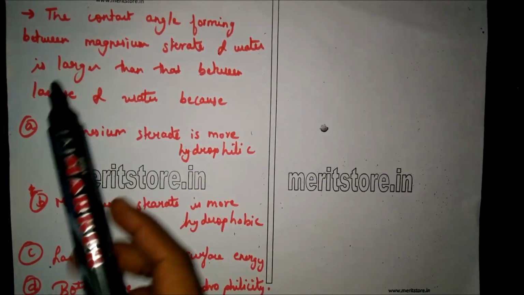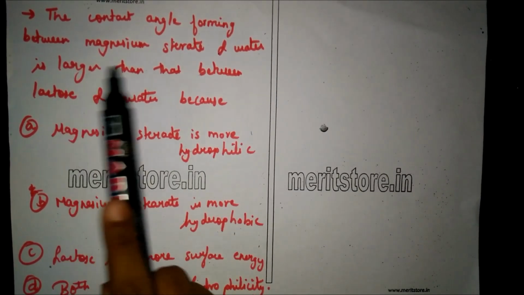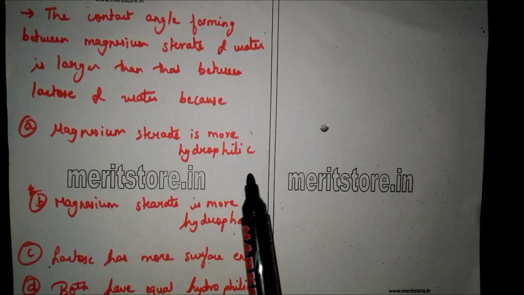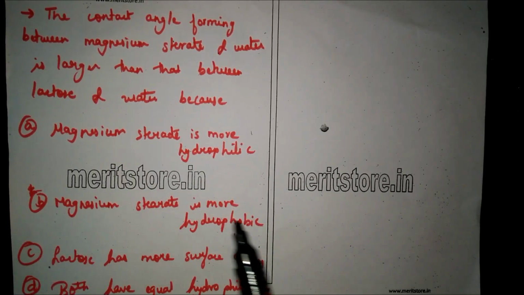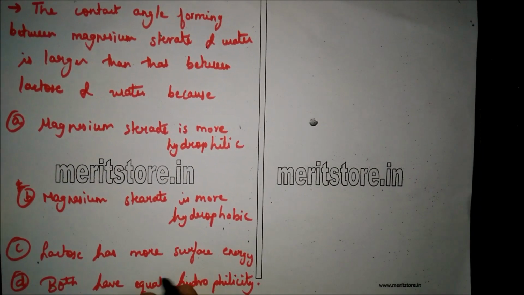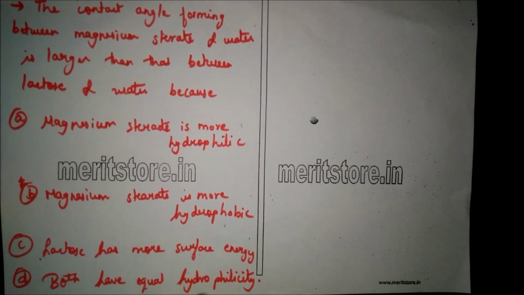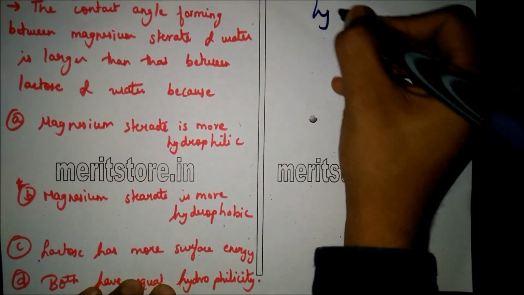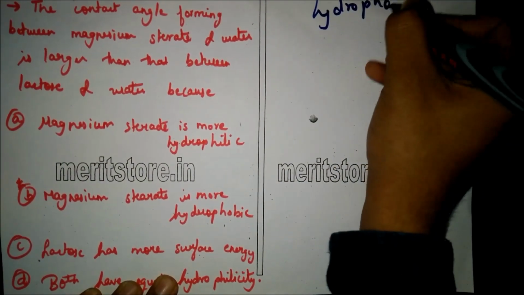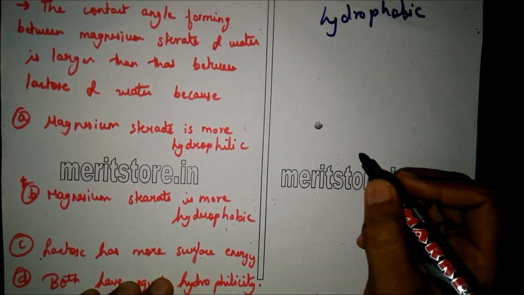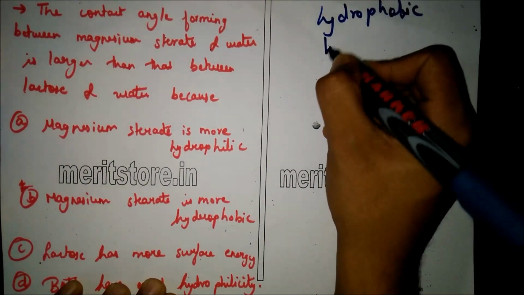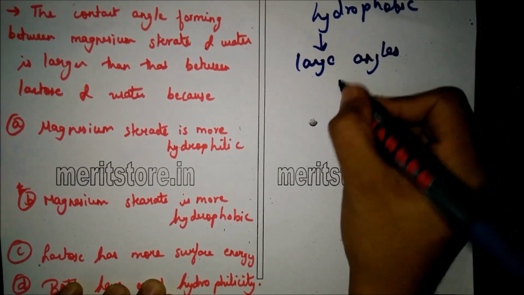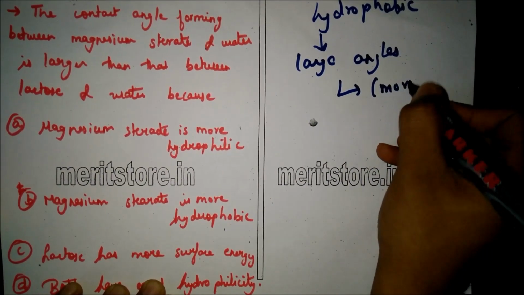The contact angle formed between magnesium stearate and water is larger than that between lactose and water because: A, magnesium stearate is more hydrophilic; B, magnesium stearate is more hydrophobic; C, lactose has more surface energy; D, both have equal hydrophilicity. Now, in general, hydrophobic materials tend to produce large contact angles with water, generally more than 90 degrees.